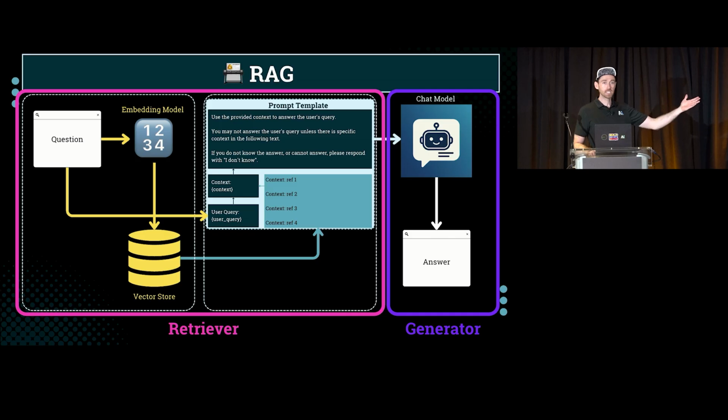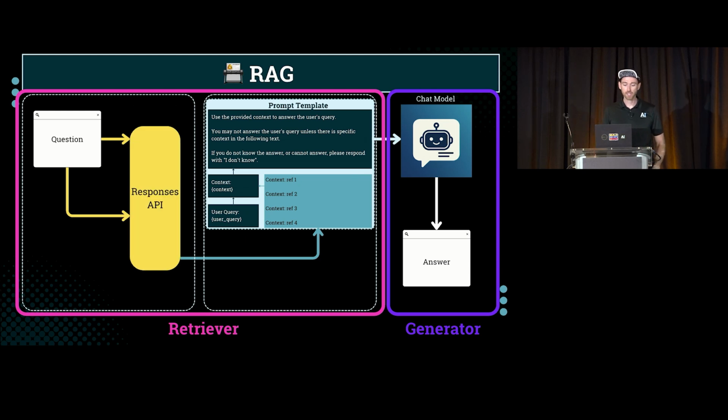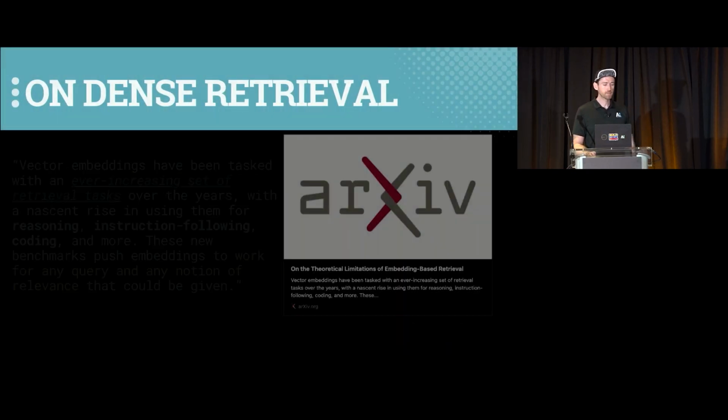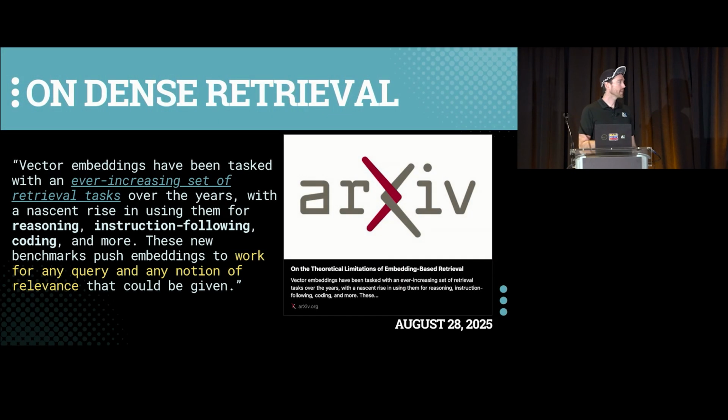Now, this piece, is it really necessary, though? This is the discussion of RAG is dead, long live RAG. Well, the responses API is like, no, it's not, because responses API, which is fine. Basically, just give it the doc, and it'll do all this for you. There's also some interesting things happening on the limitations of dense vector retrieval, and how we're throwing things over the wall to dense vector retrieval.